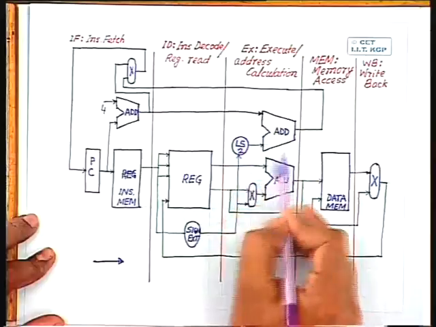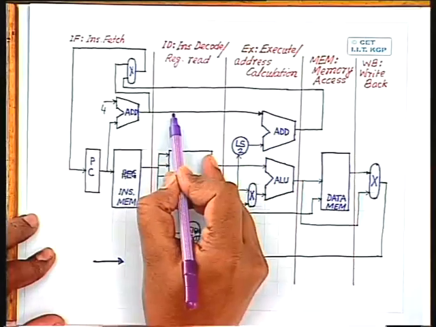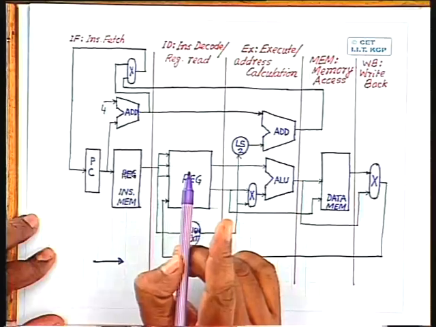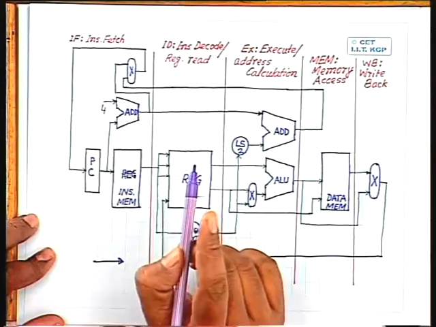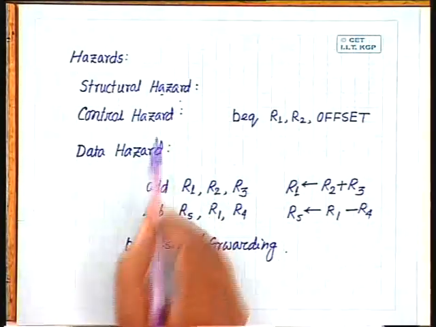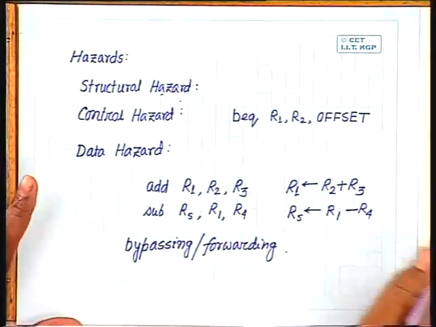So if I move this adder from the execute stage to the ID stage, I can even save 1 clock period for taking the branch. Okay. So even this control hazard can be reduced, but it cannot be totally avoided.